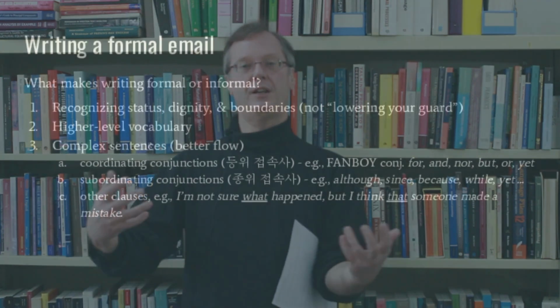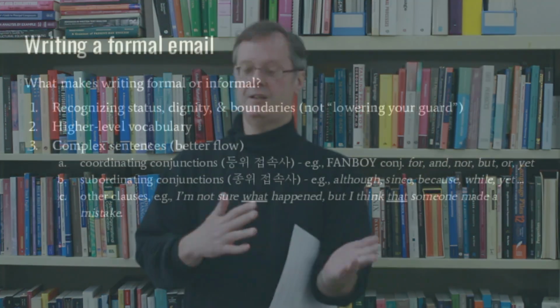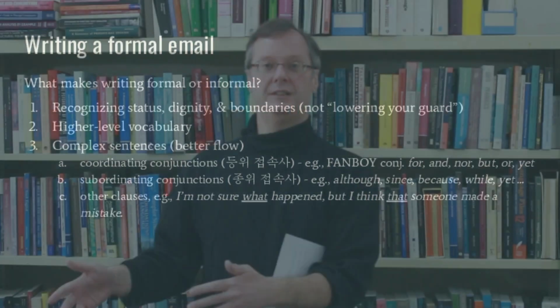There are a number of ways we do this, just a few examples. Using coordinating conjunctions to combine phrases, like the typical conjunctions you learn: for, and, but, or, and such. But also subordinating conjunctions, which are more complex, things like although, since, because, while, and such, which allow you to form nice complex sentences that flow more beautifully.